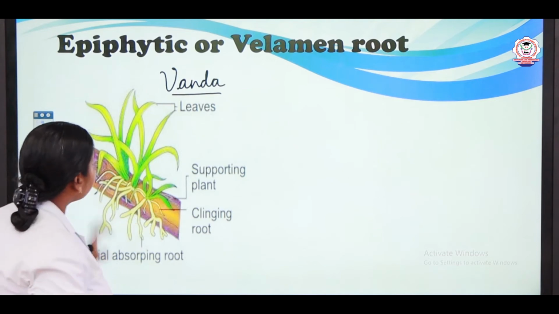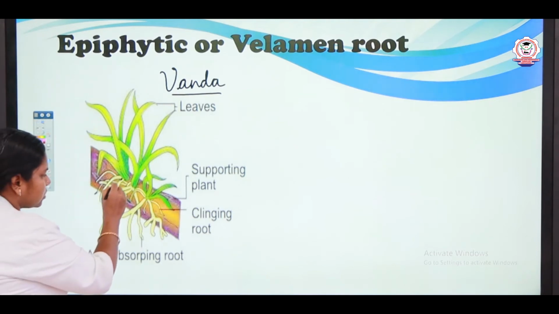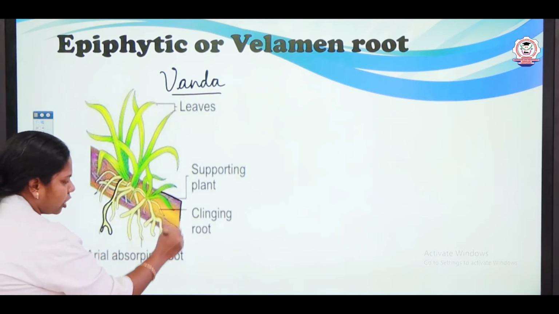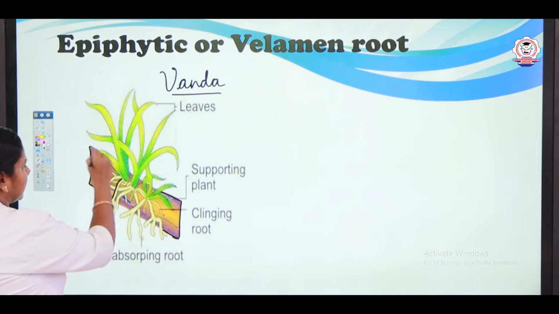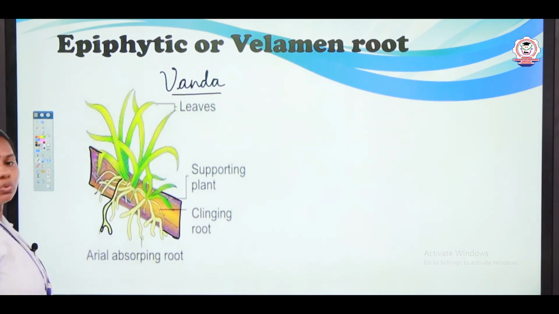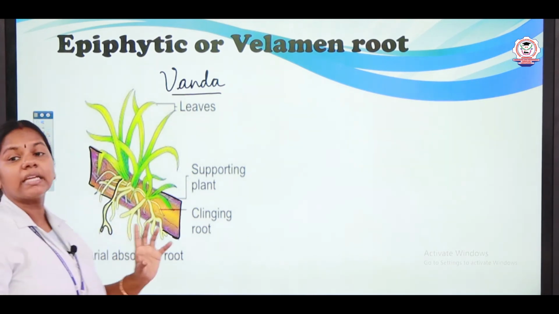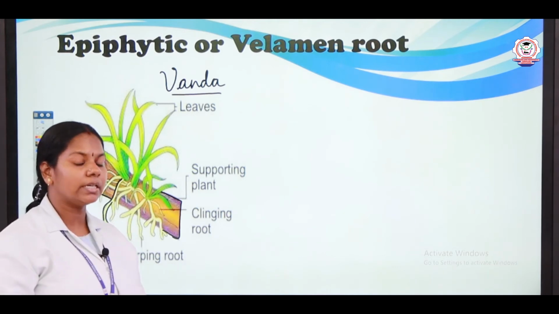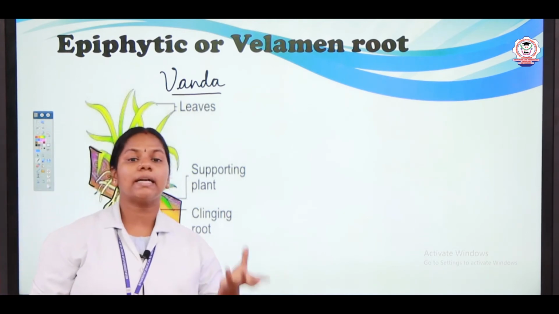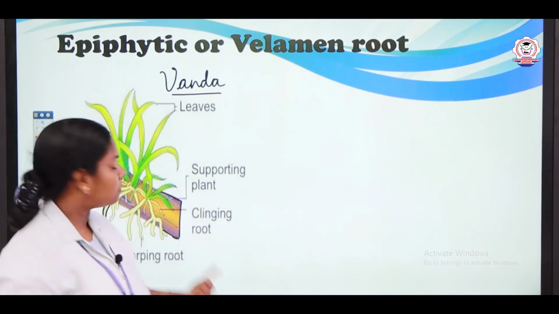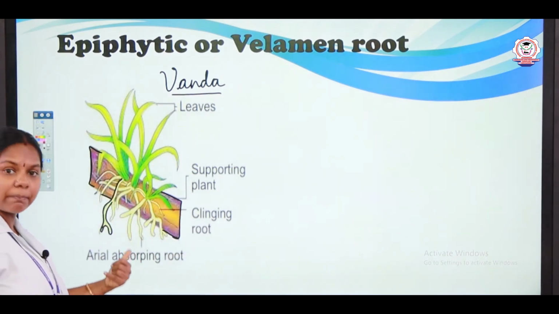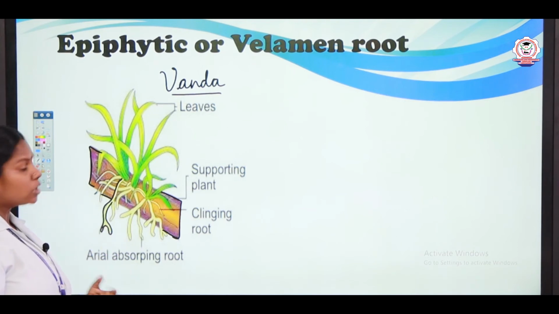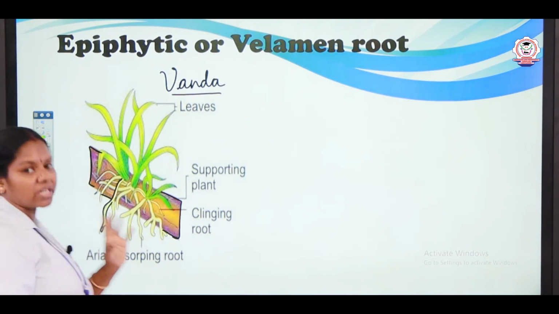You just see, children, this is the substratum, a log of wood to which this plant is attached, and these roots hang freely in the atmospheric air. What is the main function of the roots, children? They absorb water and minerals from the soil, but these roots have the capacity to absorb moisture from the atmosphere. So for this function they are specialized.